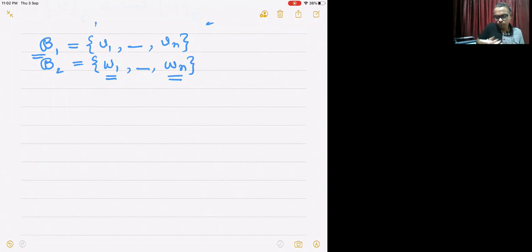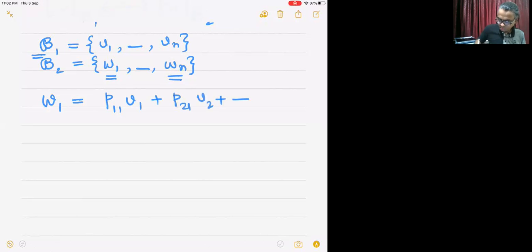Which means each of these W1 up to Wn can be represented under these coordinates. So let me say that W1 is equal to P11 V1 plus P21 V2 plus dot dot dot up to Pn1 Vn.